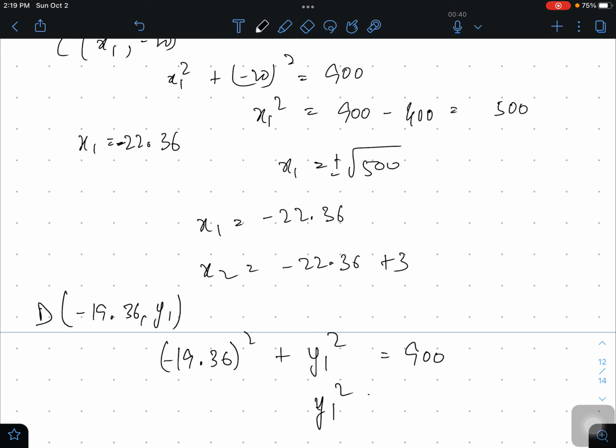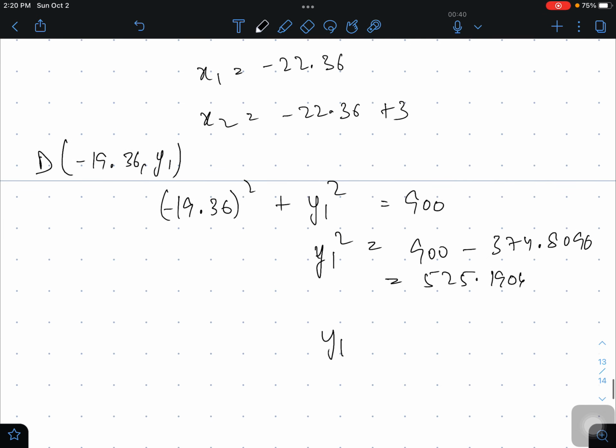So y1 squared is equal to 900 minus 19.36 squared, which is 374.8096, and subtracting these two will give us a value of 525.1904, and if you do the square root of this value, it will give you 22.91.